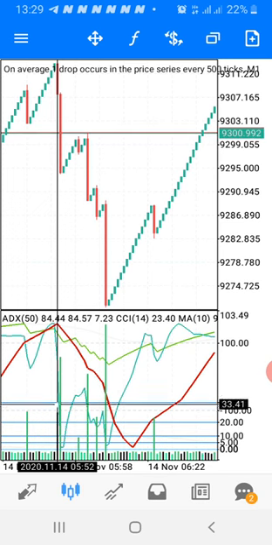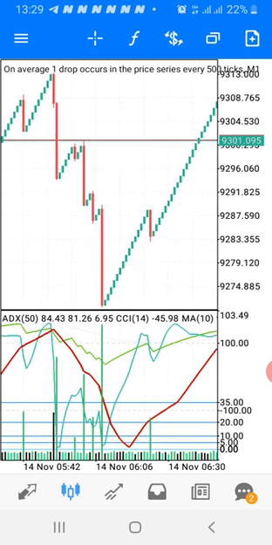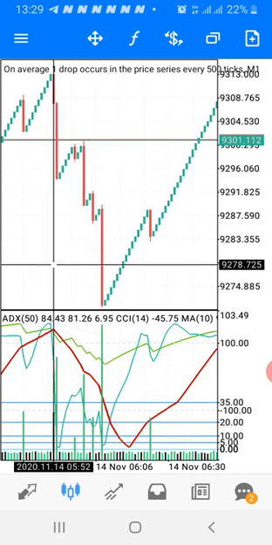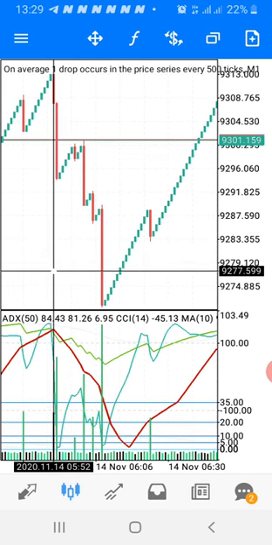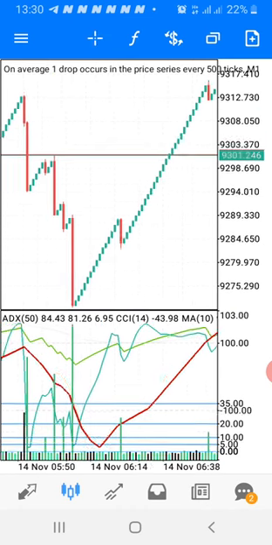If the next candle is a black one, then you expect another spike. Expect another spike, just like this. You see, you expect another spike, and this is it. So this is how to catch spike and crash and boom.